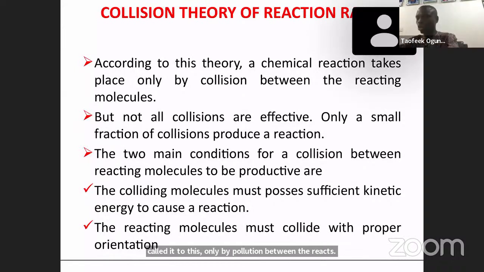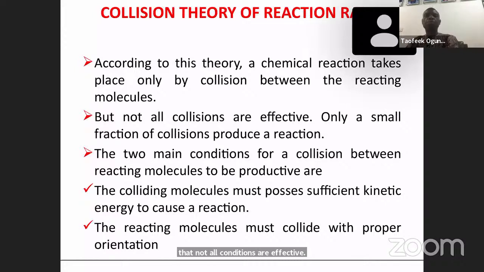So if you are having a reaction between A plus B to give you C, you're only going to have C if those molecules, A and B, are colliding with each other. But that is not enough, because the fact that they are colliding does not mean that will lead to a reaction. That's why we're saying that not all collisions are effective. Only a small fraction of collisions produce a reaction.